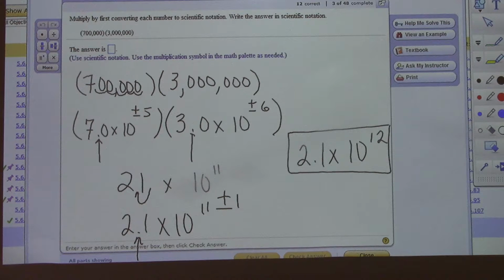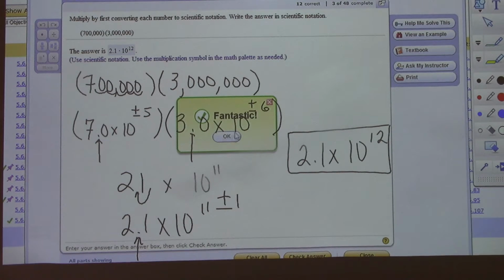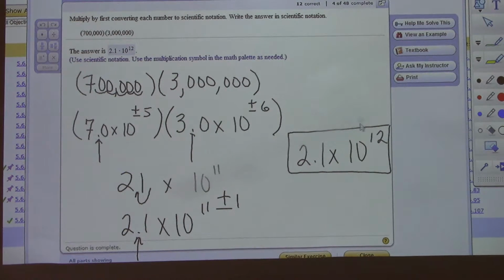2.1 times 10 to the 12th power. Oh my gosh, that means I got it wrong. So those people that got 2.1 times 10 to the 10th, that must mean that you're what?